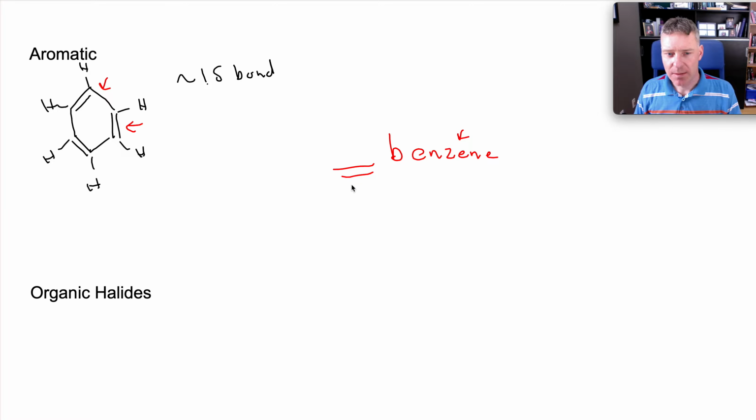If there's just one of them, you don't need a number. So let's stick a chlorine on. It doesn't matter where I put it. I'll stick it on the bottom because I have room there. There's no rule that says start from the top or the bottom.